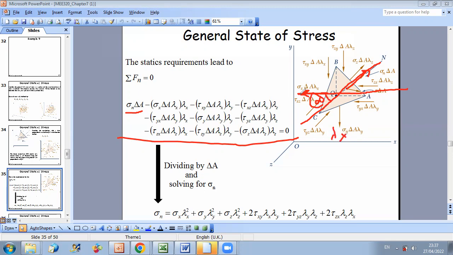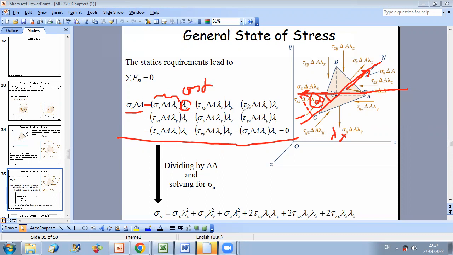And since you have a negative projection, you put minus. So the projection of this force on un is minus sigma x delta A lambda x, which represents the force, times cosine of the angle, which is cosine alpha, equal to lambda x. This will give us the projection of the force normal to area BQC on un.